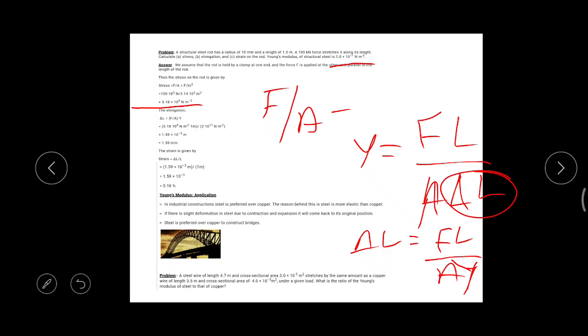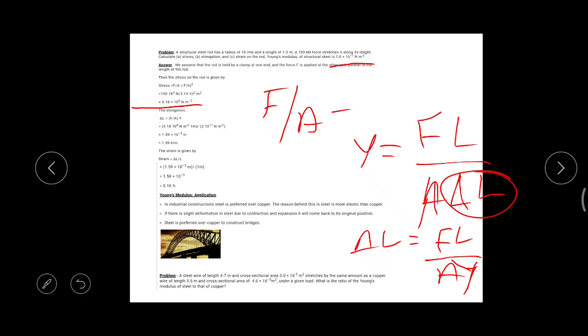Also you have to find the strain, that is the ratio delta L by L. And if you multiply that with 100, you can find the percentage strain.